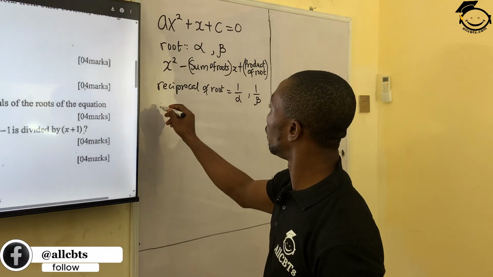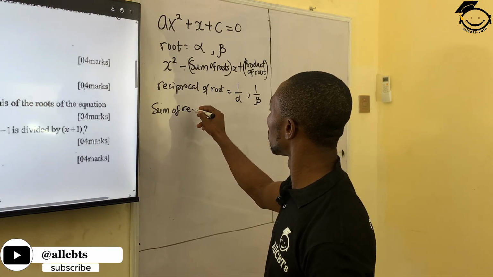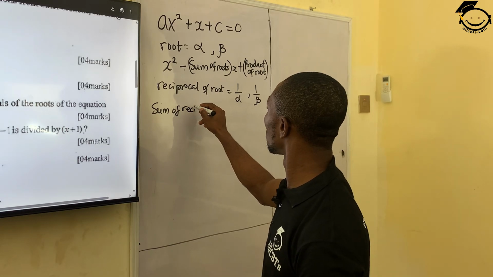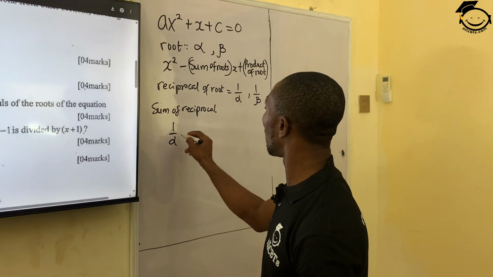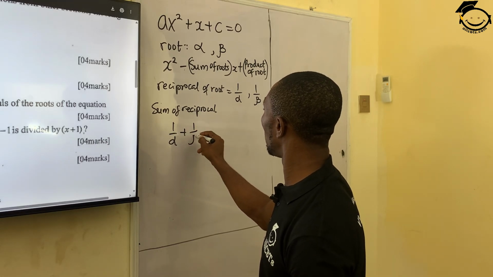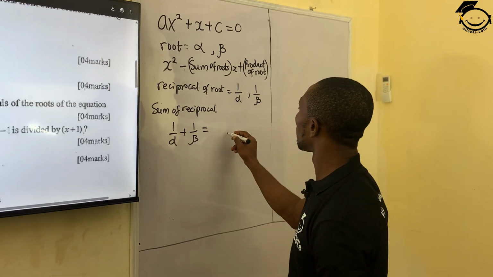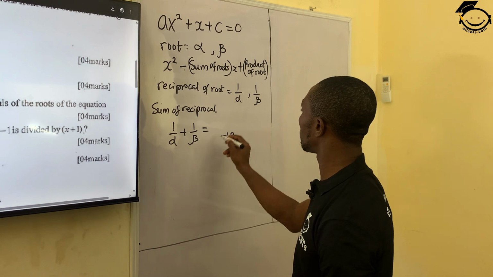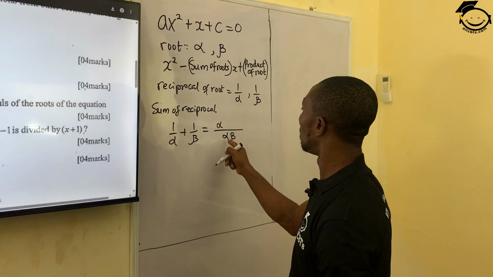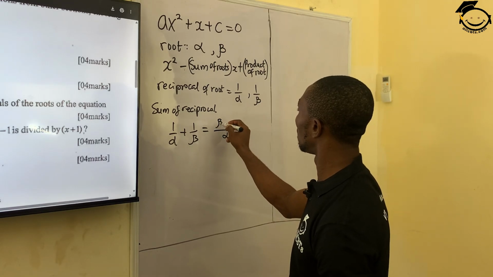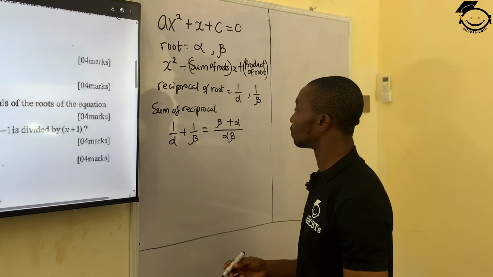Now, for the sum of the reciprocals, we are having 1 over alpha plus 1 over beta, which is going to give us alpha beta as our LCM, all over beta plus alpha, or alpha plus beta, whichever one.